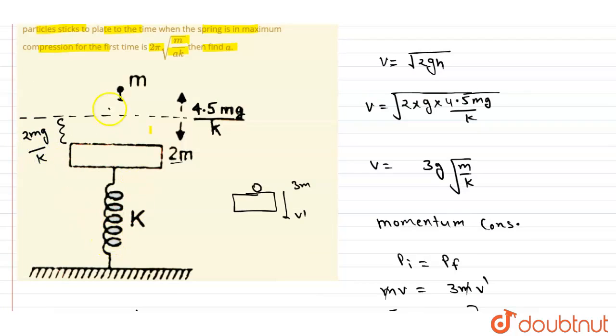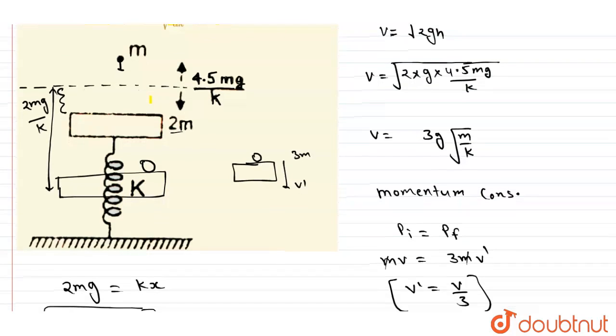Understood? Now when both stick, there is a position where the whole system, meaning the ball and the plate, is in the equilibrium condition, and the spring force and the mg will balance each other.